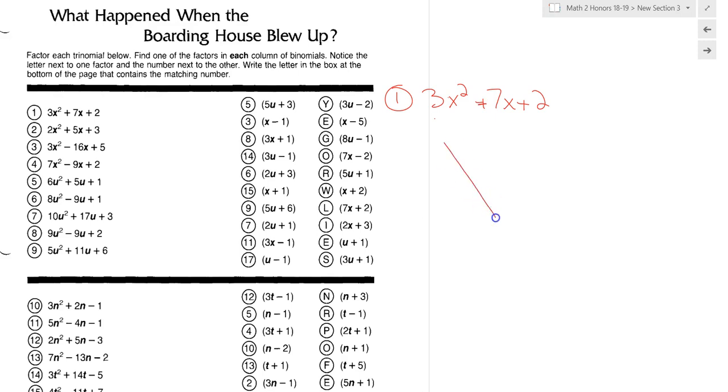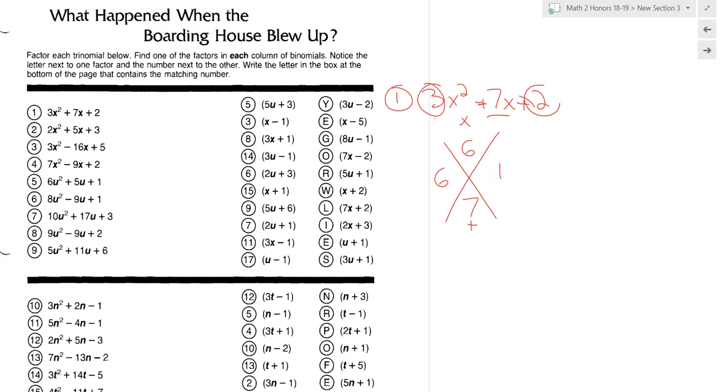We start the same way. Our multiplication is 3 times 2, and then we have 7 down here. Then this part is exactly the same, right? We want to multiply to 6 and add to 7. The numbers I find are 6 and 1.